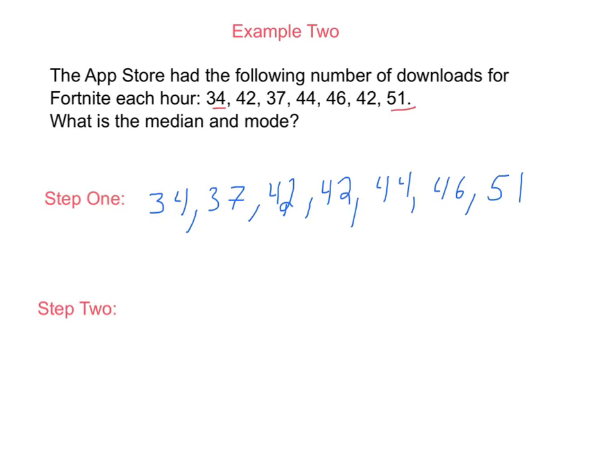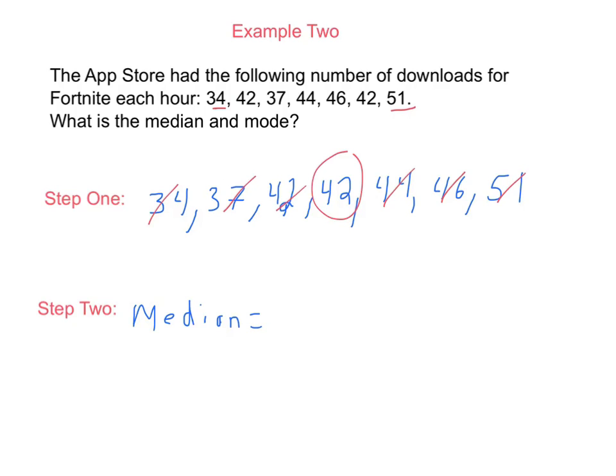So we've lined them up from smallest to largest, which is perfect, and now we're just looking for our median and our mode. We know our median is the exact center. You could do it both ways. You could just cross out each side until you get to the exact center, which we know is now 42.